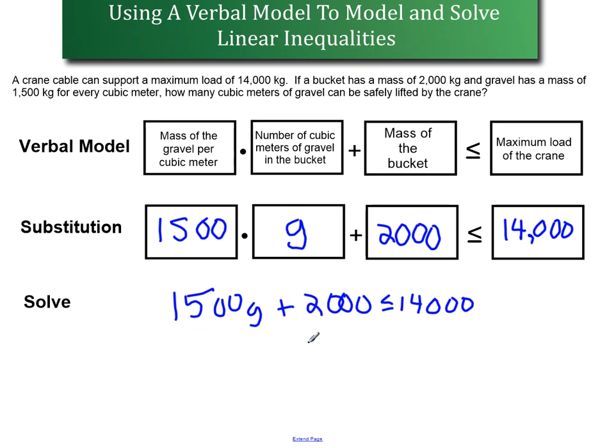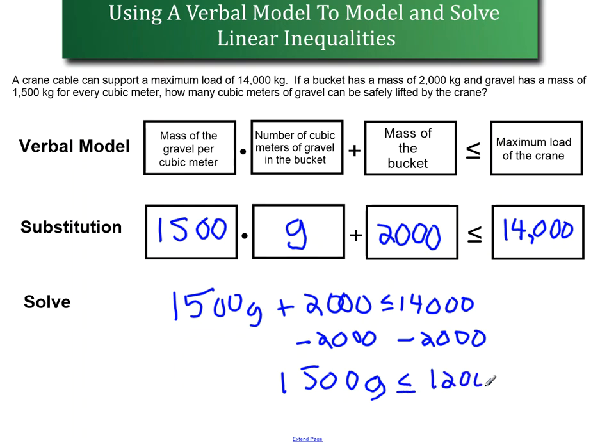Okay, so subtract 2,000 from both sides. Get 1,500 g less than or equal to 12,000. Give you a little bit more space to work with here.